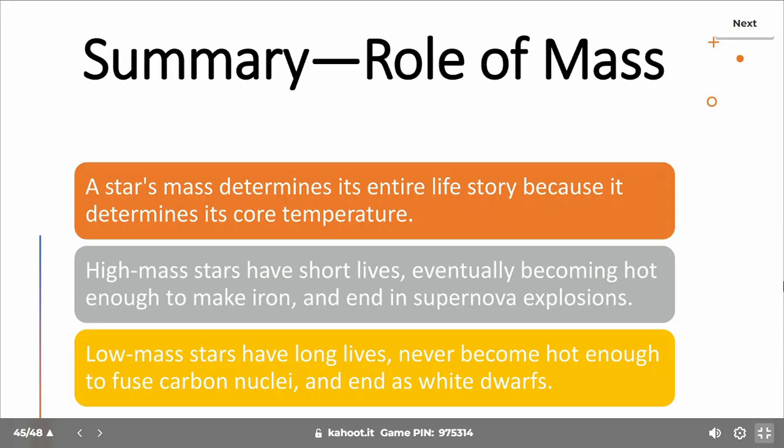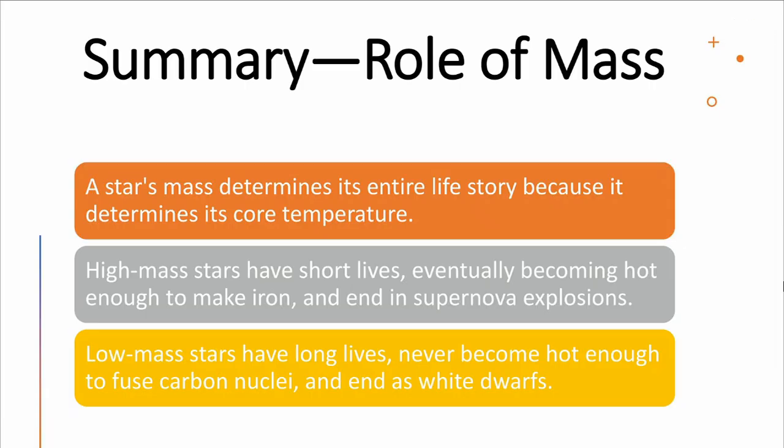The mass of the star is what determines basically everything about it that will happen in its life. So high mass stars live very short lives, and they can make iron in their cores, and if they get to making iron, then they will blow themselves up in a supernova explosion.